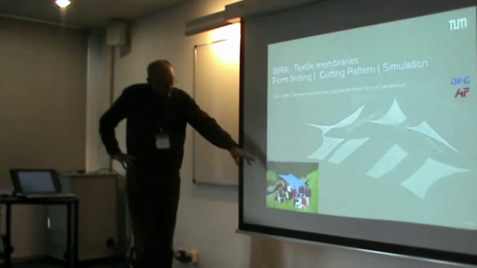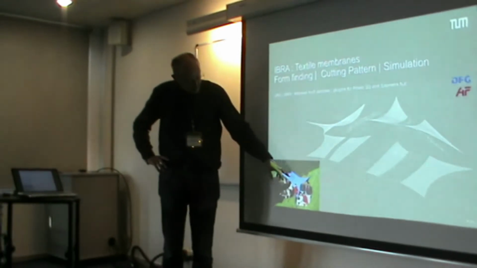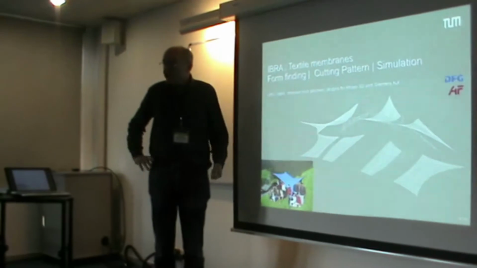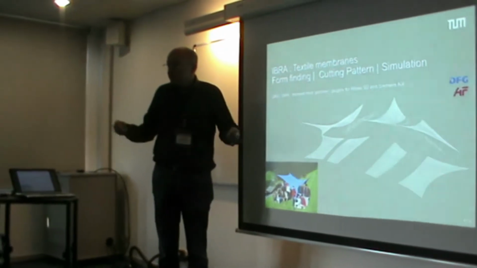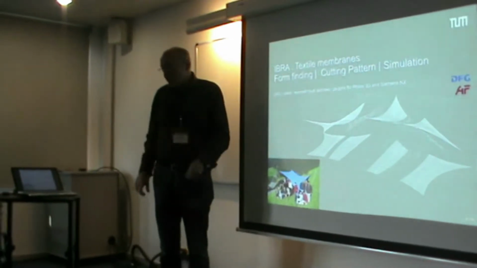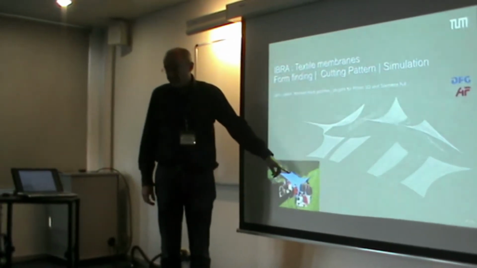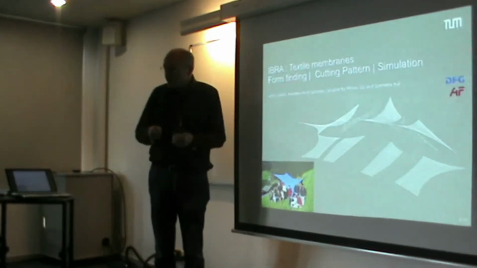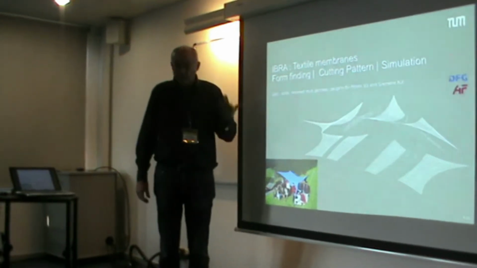We're dealing here with textile structures, these textile roofs, and as they are made of textile, they're able to transmit tensile stresses and forces, and they are not able to transmit bending. So finding the shape is the first issue. We must find the shape acting in tension, and that's what we call form finding.